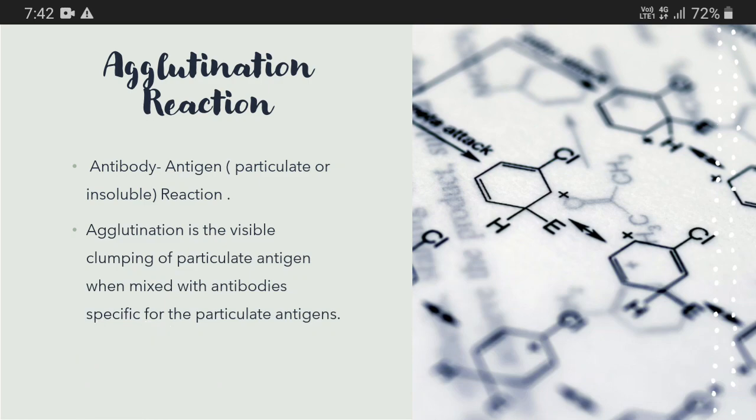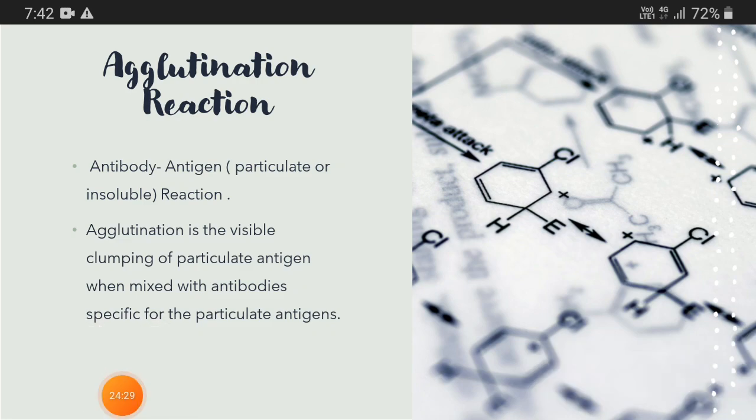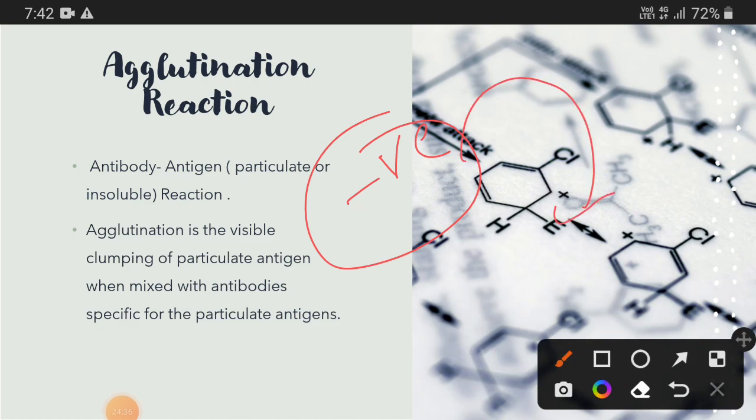Then we discussed the zeta potential. In some cases, particulate antigens contain a net charge on their surface. For example, erythrocytes possess a net negative charge. Due to this net negative charge, when erythrocytes are suspended in a liquid saline solution, it leads to the formation of an electric potential.